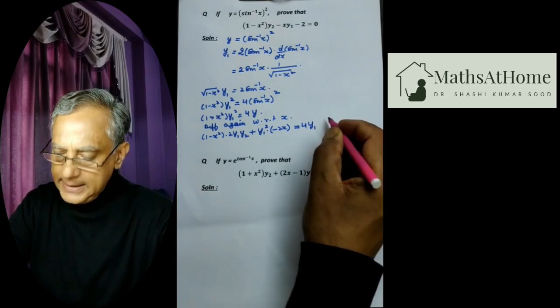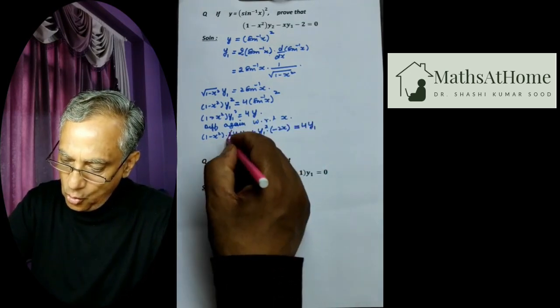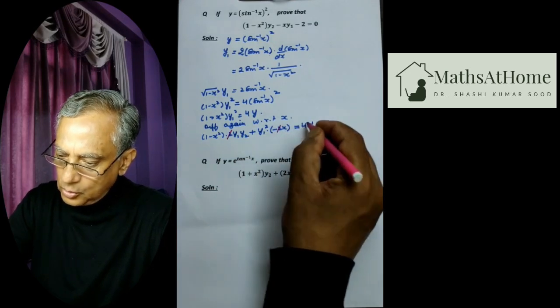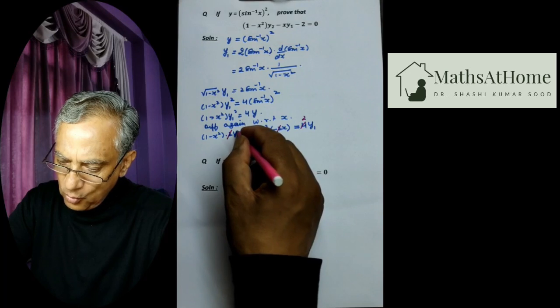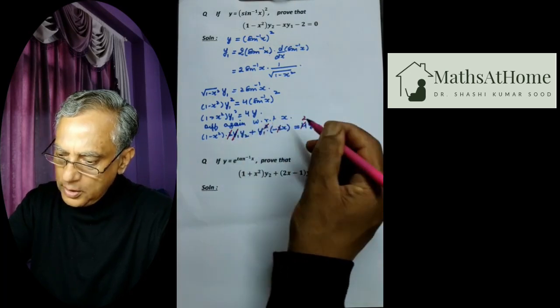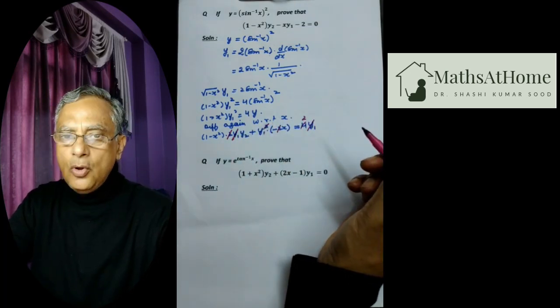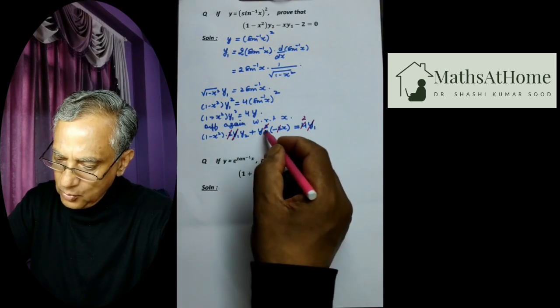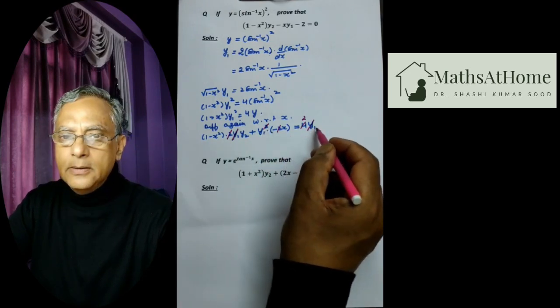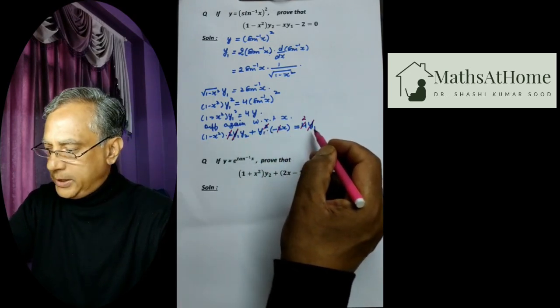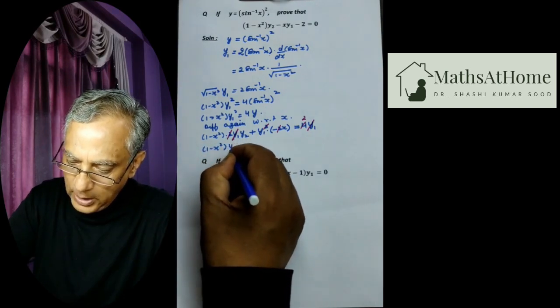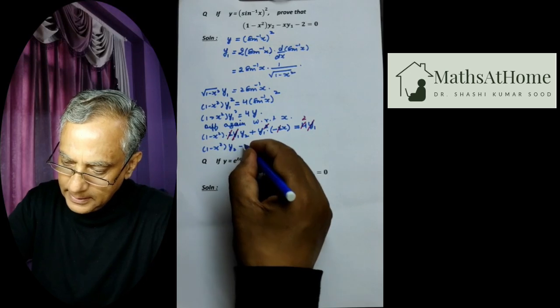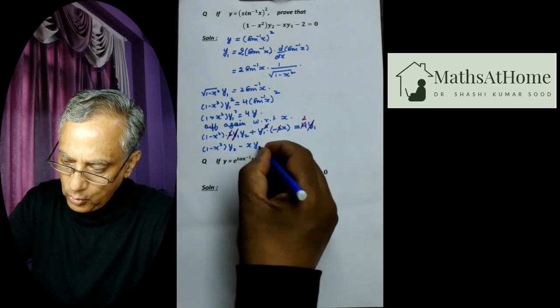So what we see is this 2 cancels throughout, and y1 also cancels. And we are left with 1 minus x square into y2 minus x y1.